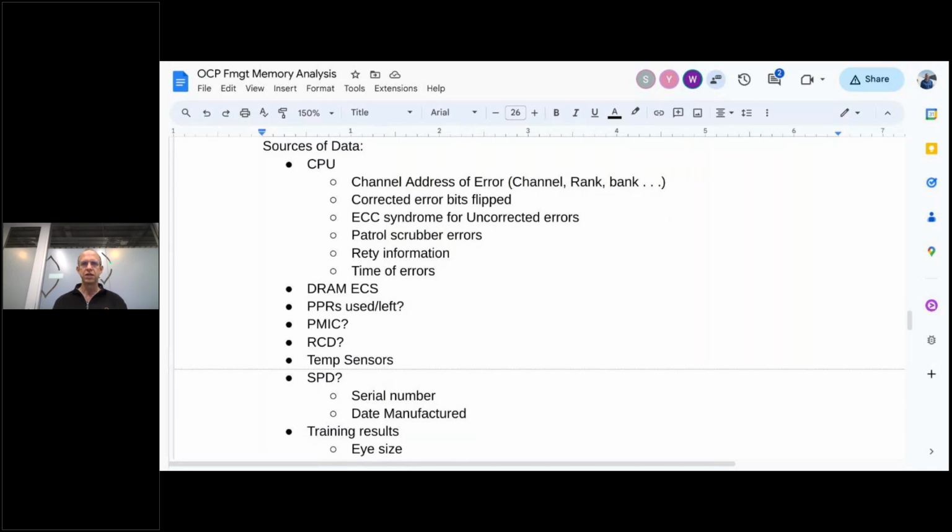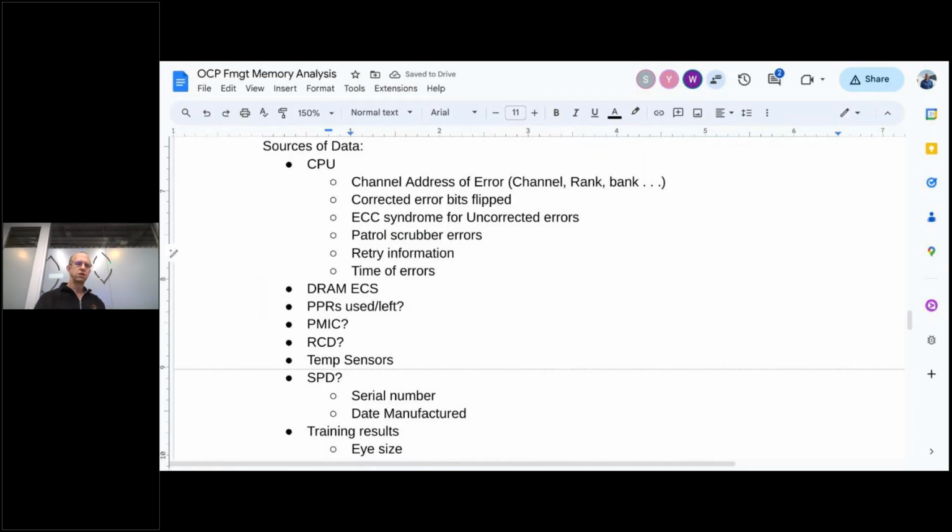One thing I've seen is that sometimes the ECC syndrome for uncorrected errors can be interesting, especially if a series of corrected errors led up to it, then you can sometimes see a relationship between them. It's a weird thing. If the ECC was able to tell which bits were flipped, it would have just corrected it. But I think there is some interesting data there. And then patrol scrubber errors, and whether it was patrol or demand scrubbed.